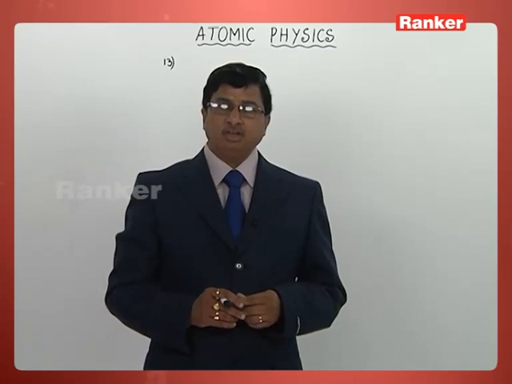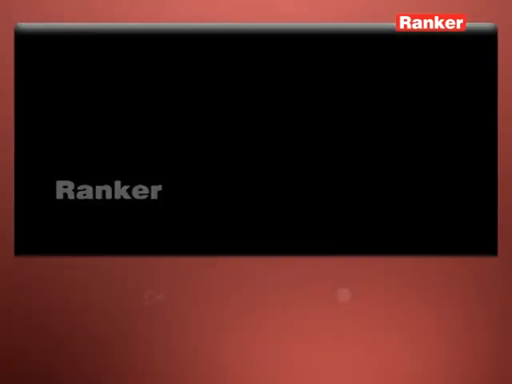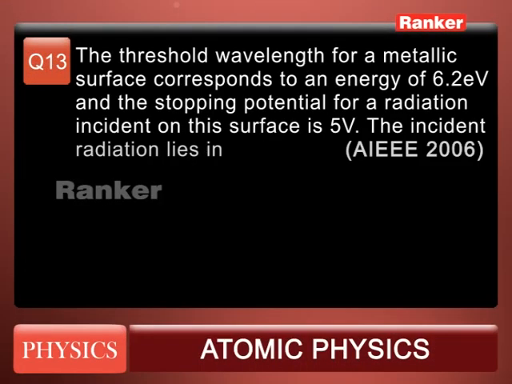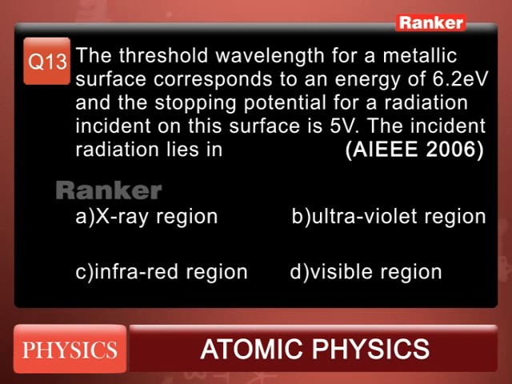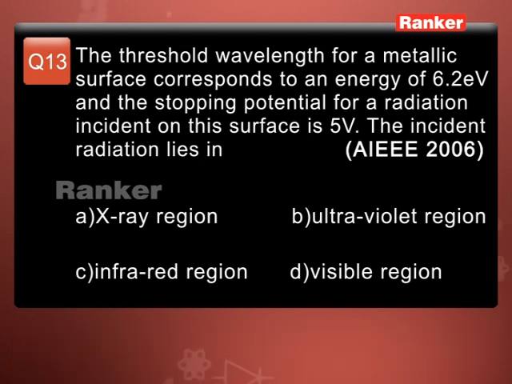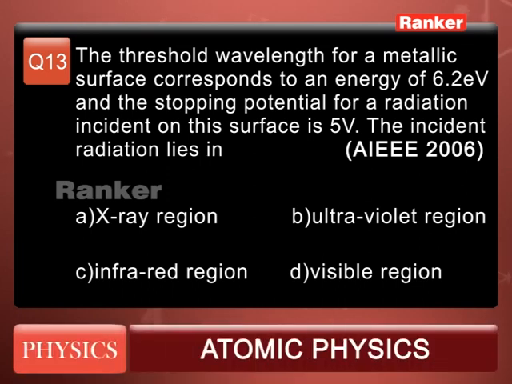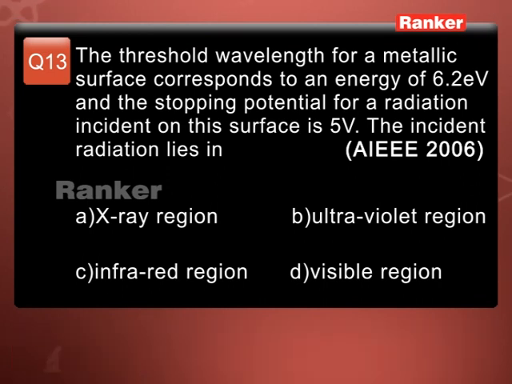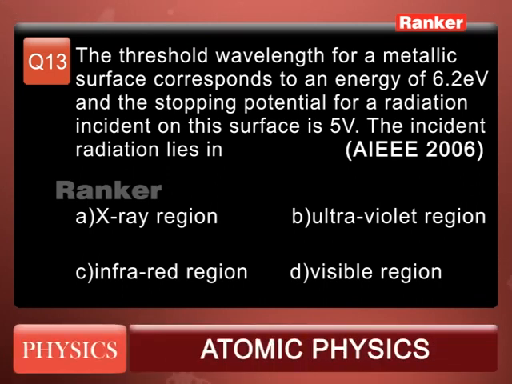Let us check the next one, problem 13, which was also given earlier in the 2006 IIT-JEE paper. The threshold wavelength for a metallic surface corresponds to an energy of 6.2 electron volt, and the stopping potential for a radiation incident on this surface is 5 volt.